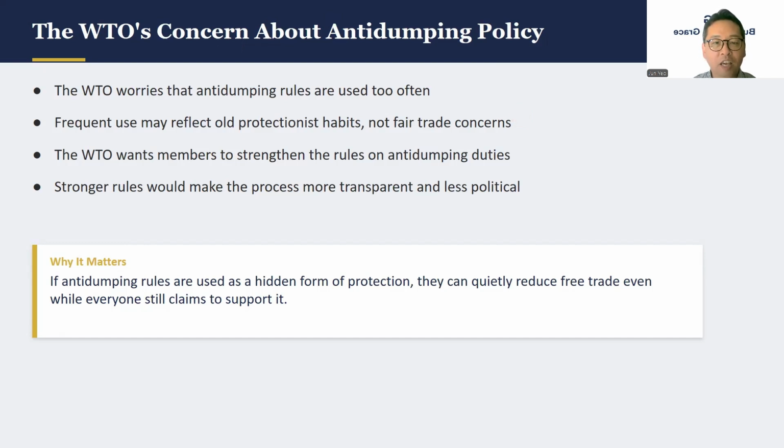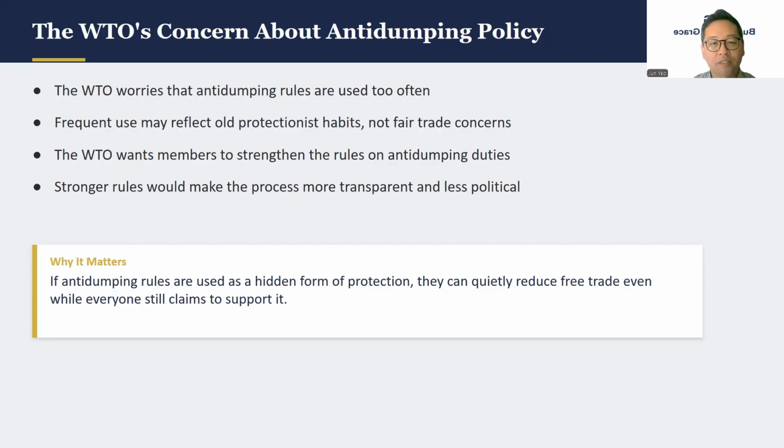Instead, they may simply be hiding behind the legal process. Because of this concern, the WTO keeps pushing its member countries. It wants members to strengthen the rules that govern anti-dumping duties.